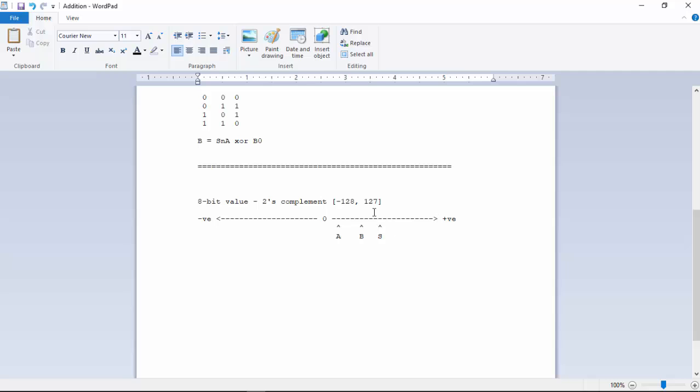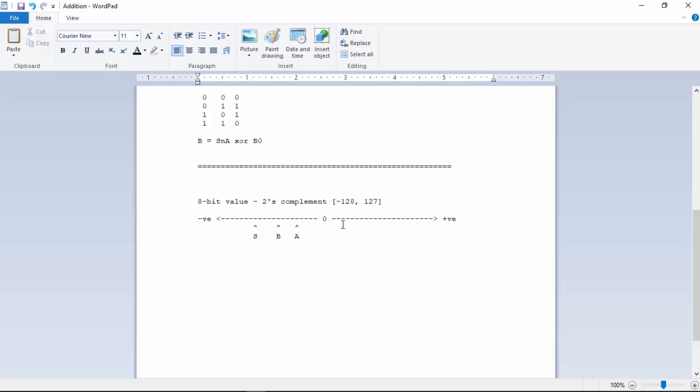And it might happen that this sum can become so big that it cannot be represented within an 8-bit value, right? Then look at the other case. Let's say both are negative.